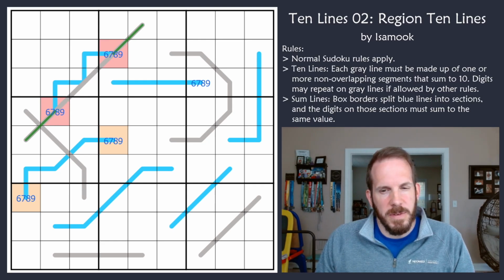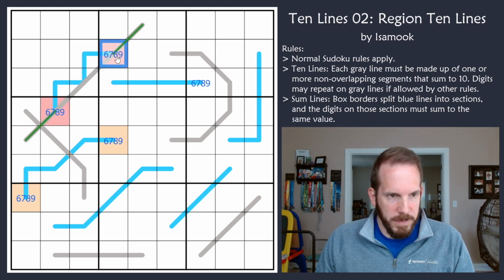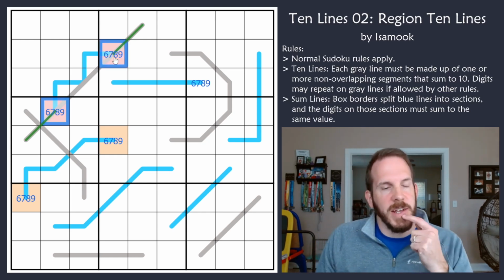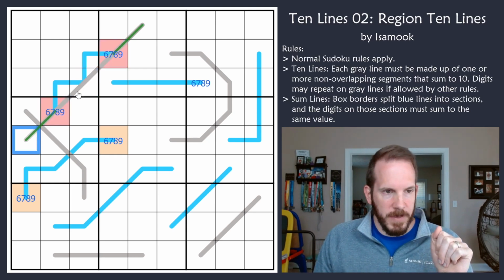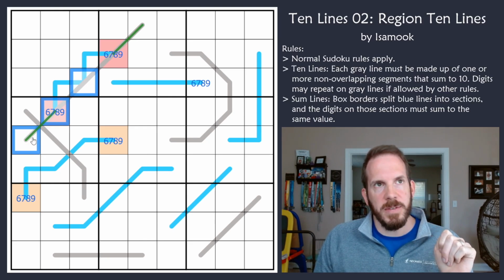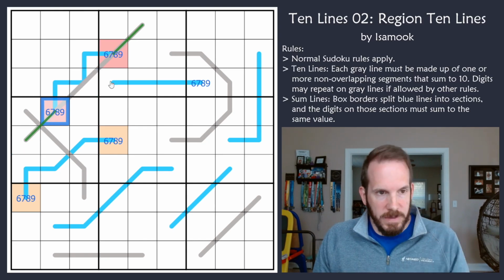But they're the same cell, the same number. So if we were to make this 9, for example, that's not going to work, because one of these has to be a 3-cell sum. So the maximum digit you can place in a 3-cell sum to 10 would be 8.